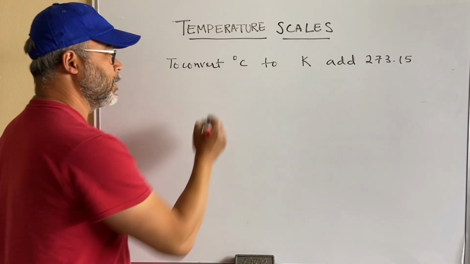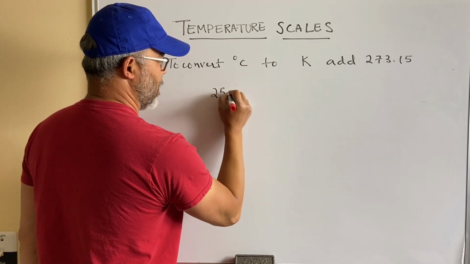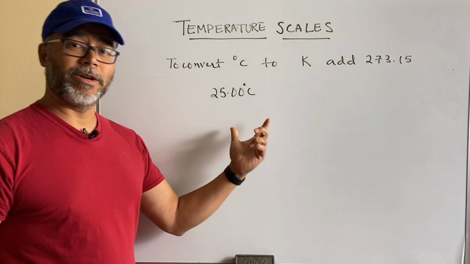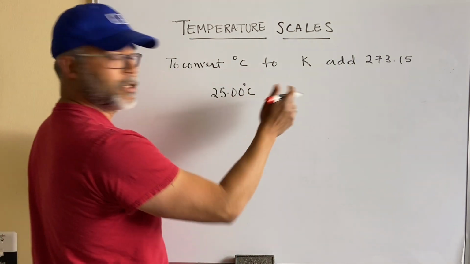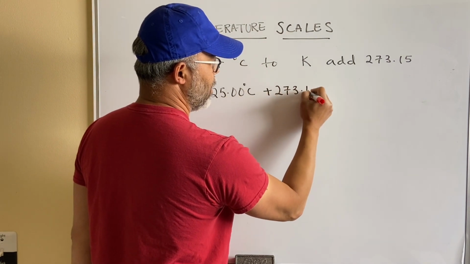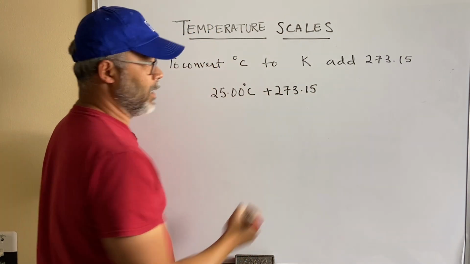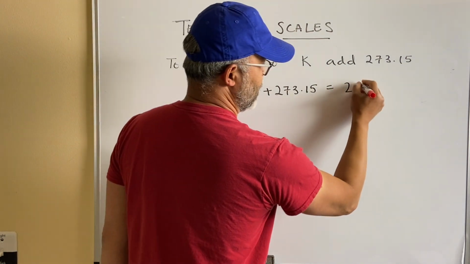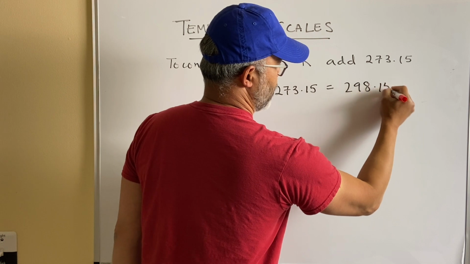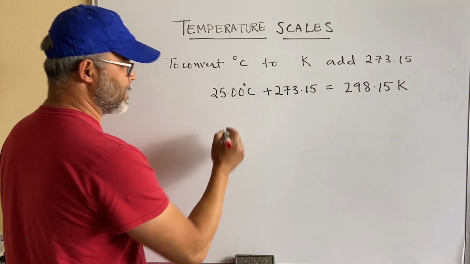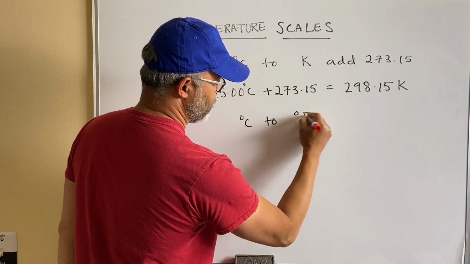For example, if your temperature was given to you as 25.00 degrees Celsius, you wanted to convert this to Kelvin, you just add 273.15 to this, and that should give you 298.15 Kelvin.